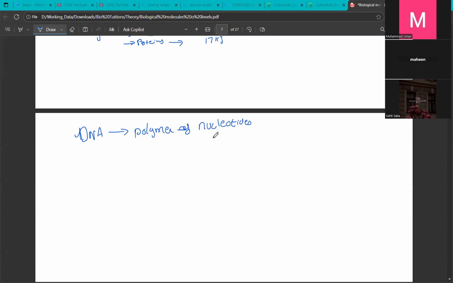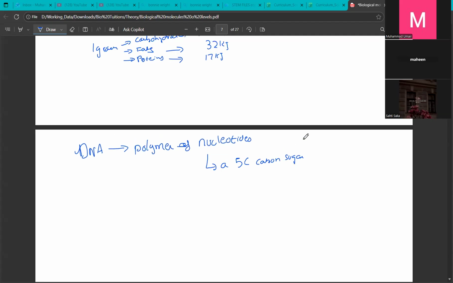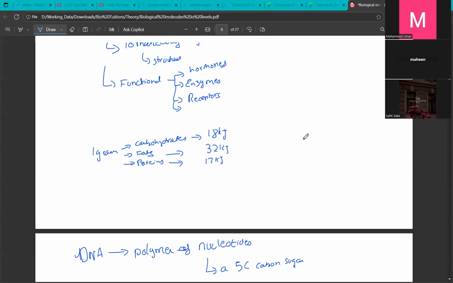I won't explain the structure of a nucleotide because it's very difficult, but a single nucleotide contains a 5-carbon sugar. I'm going to scroll up just a little bit.